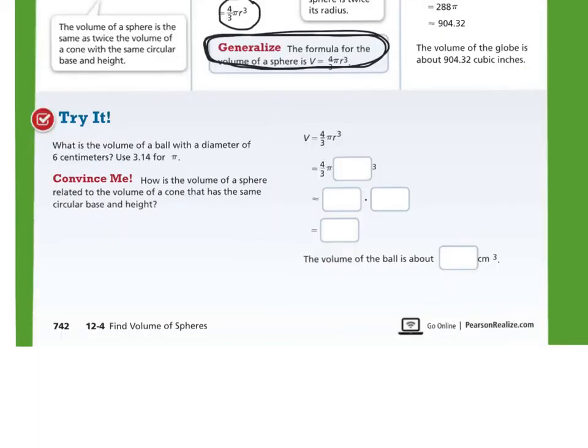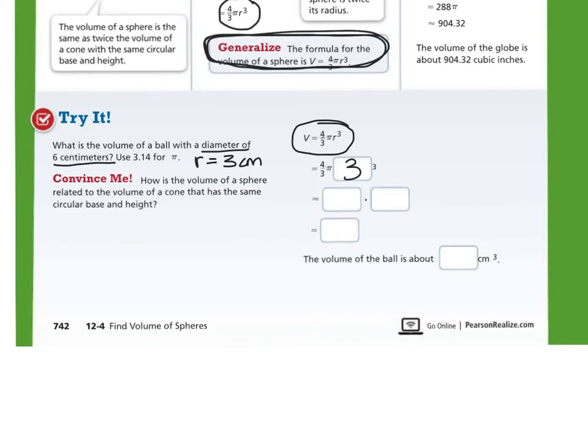Now let's go ahead and try it out with the try it question at the bottom of your page. What is the volume of a ball with a diameter of 6 centimeters? So here we've got 4 thirds pi r cubed. That's our volume formula. So the diameter is 6 centimeters, which means our radius is half of that, or 3 centimeters. So here we're going to use a 3 for the r number.